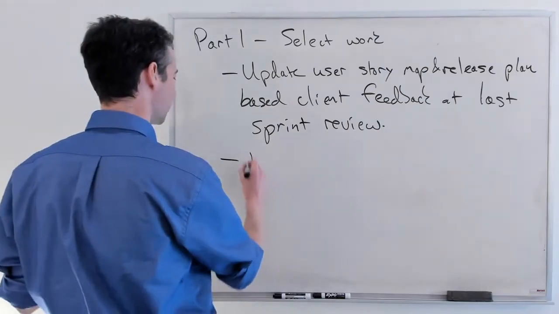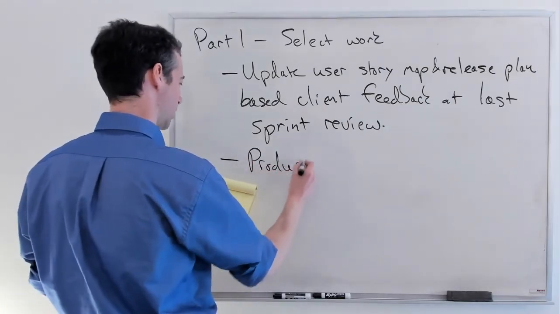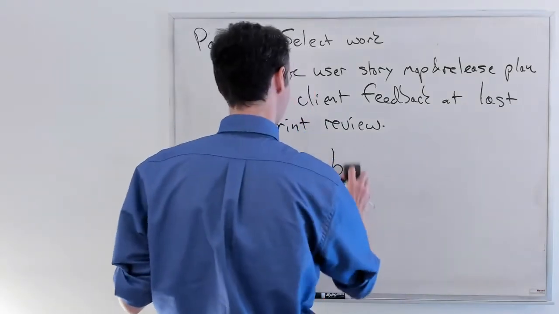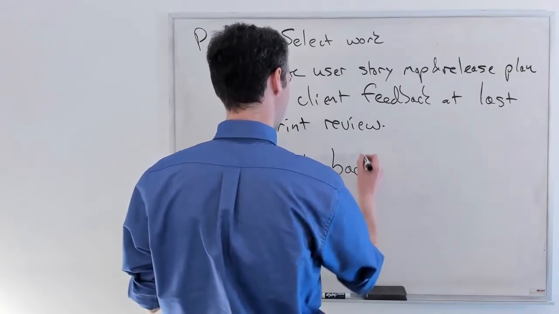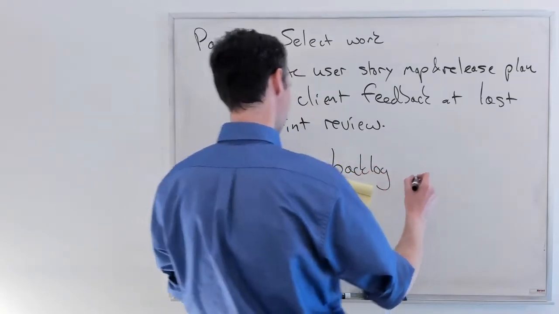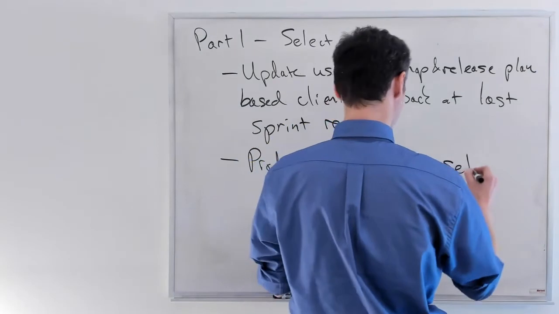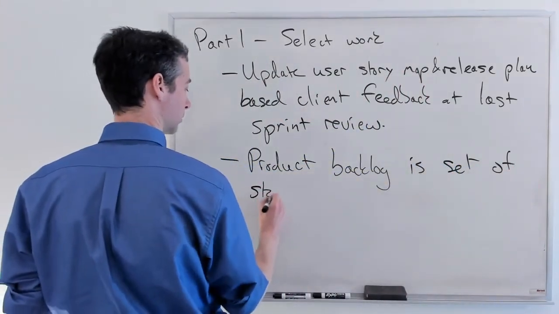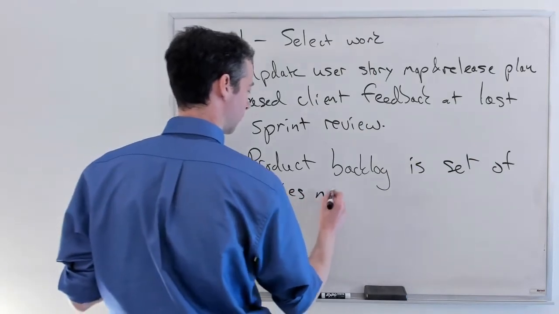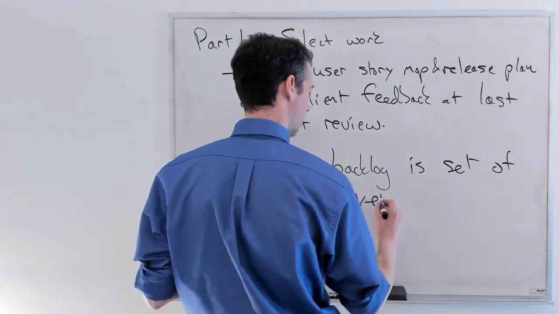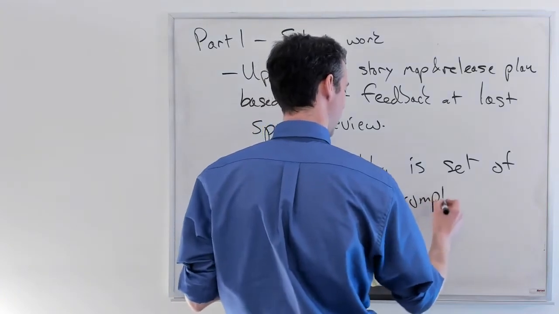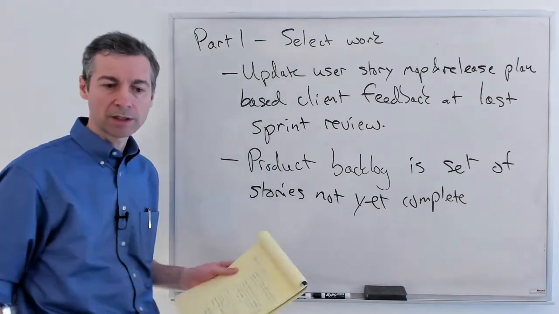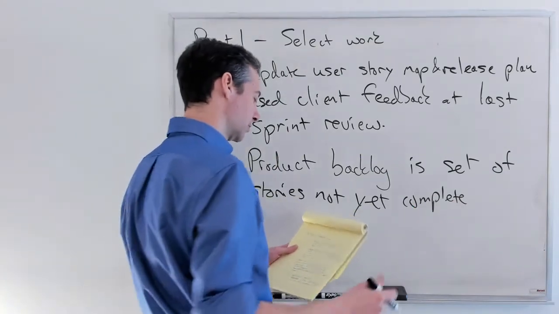Okay. Then, given that you've updated that, a reminder about your product backlog. The product backlog again is the set of stories not yet completed. So all of the stories that you have on that big user story map that aren't yet done is the product backlog.